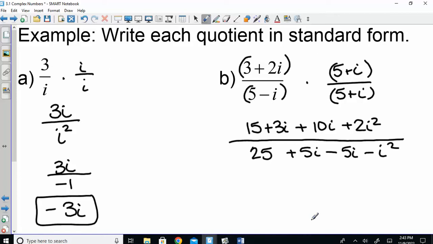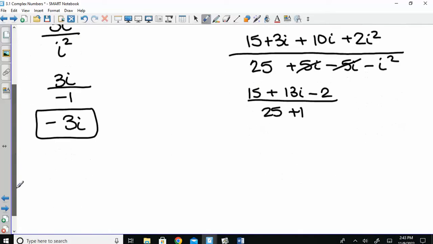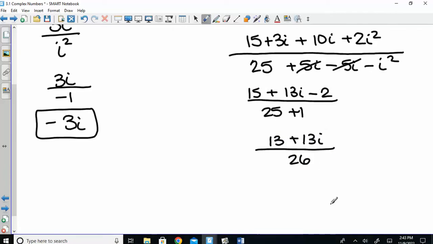So if you just want to multiply first and last on the bottom, you can. So I have 15 plus 13i, 2i squared turns into negative 2, so 13 plus 13i. On the bottom I have 25 minus i squared, which is plus, so 26. Over 26, divide by 13.